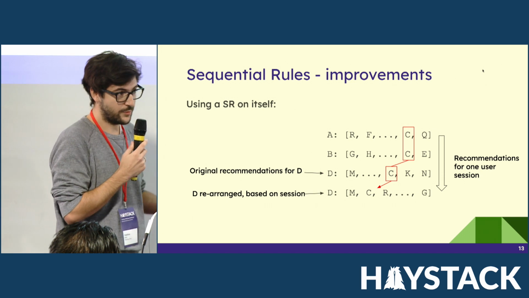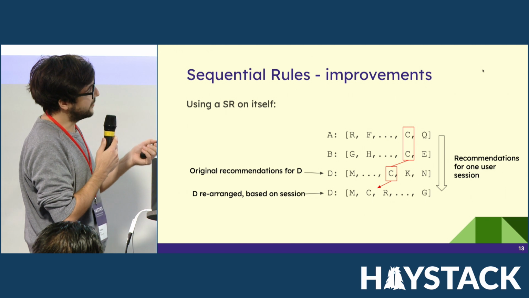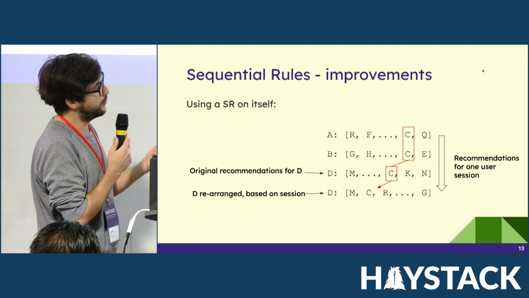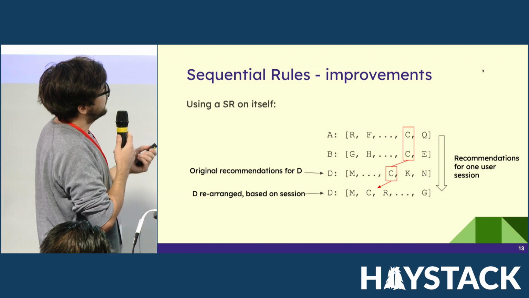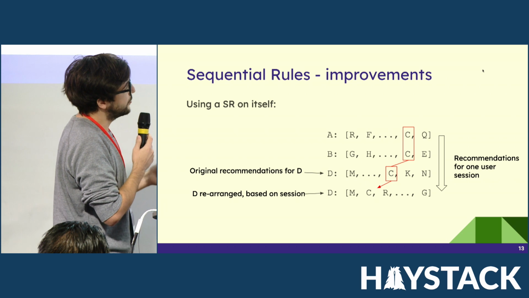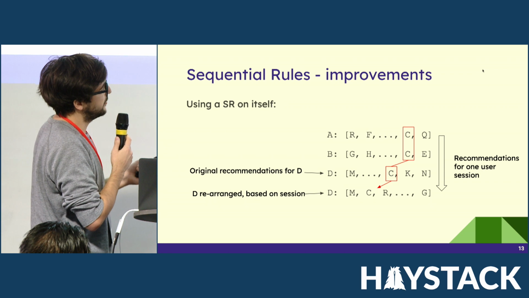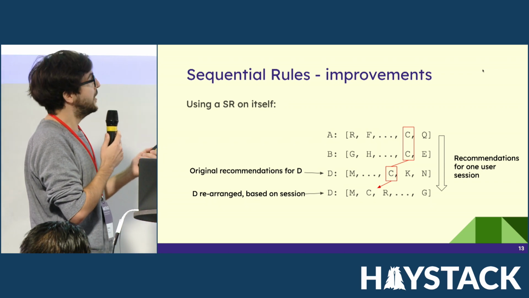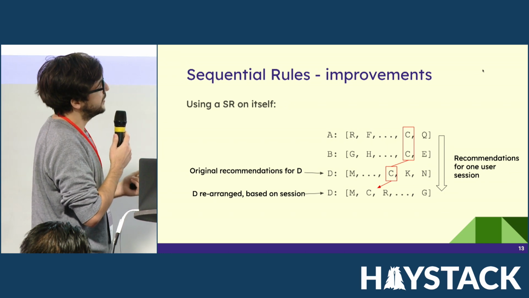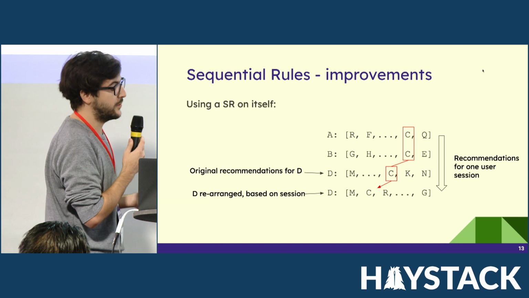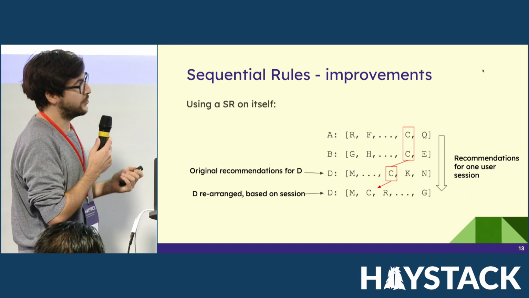Now if we just run the sequential rules on these recommendations, we start to see that C is happening in both cases at a particular place in the session, and now the user adds the product D to their cart that also has C. So instead of showing these recommendations as they are, we let sequential rules run again and rearrange the recommendations to better match what we think the user might like based on this current session.